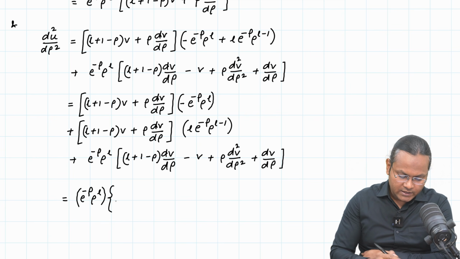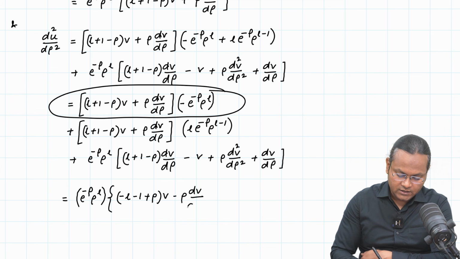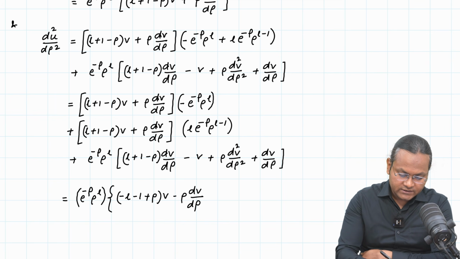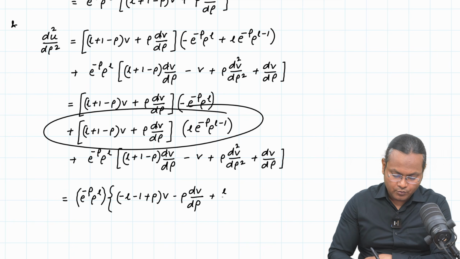And if I do that, I will be left with, from here, minus L minus 1 plus rho times V. And then we have minus rho dV upon d rho. Fine. And from the next term, I will be left with, because it's e to the power minus rho times rho to the power L, therefore L upon rho term, and then we have L plus 1 minus rho times V plus L upon rho term times rho dV upon d rho.